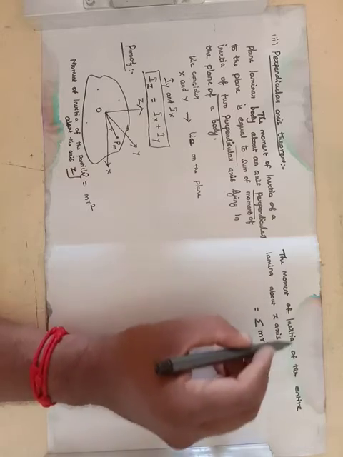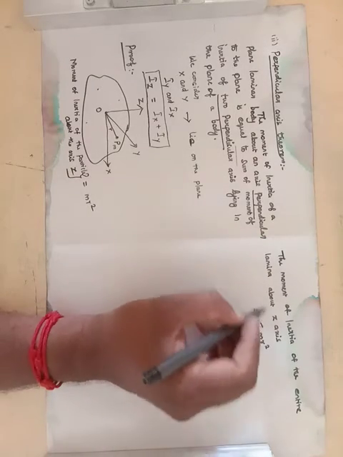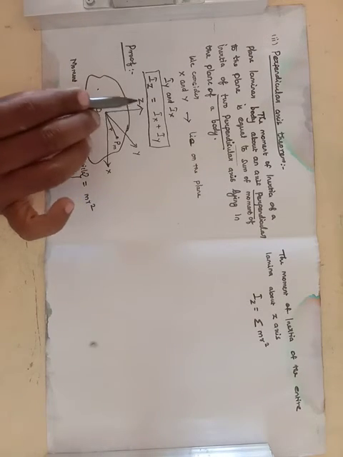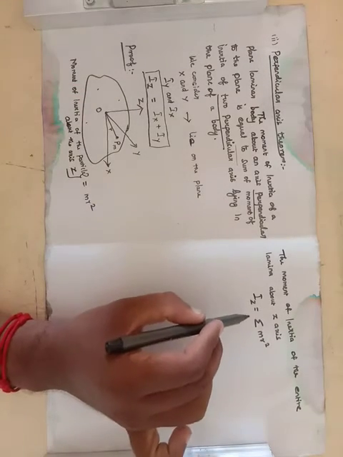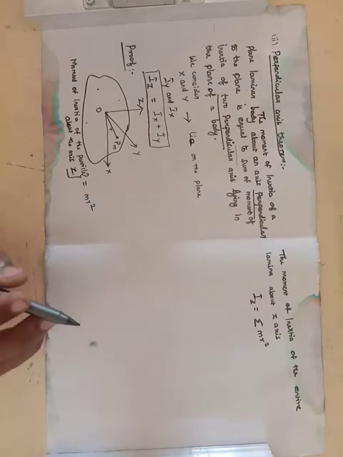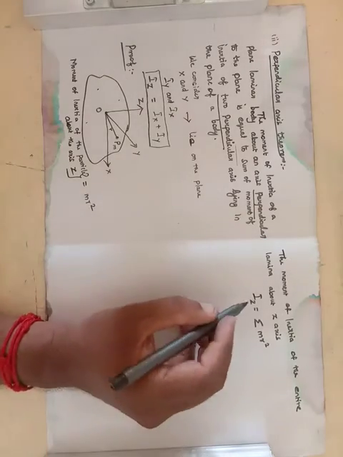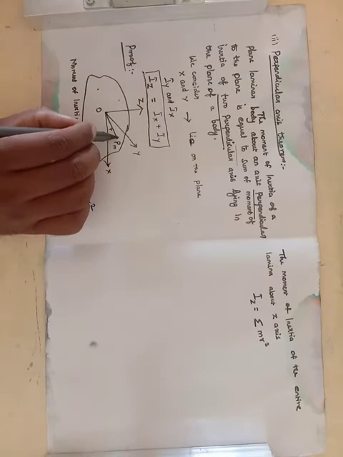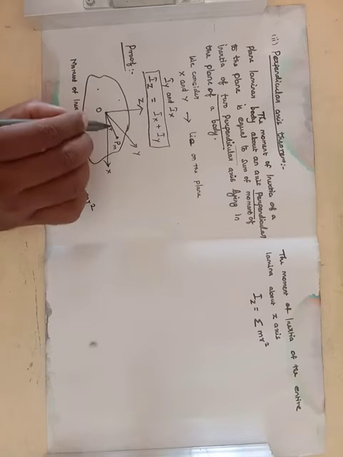Okay, so the total moment of inertia of the entire lamina about the z axis is denoted by the letter Iz, that is the moment of inertia about the z axis. So Iz is equal to summation m r square. According to this point, r is the distance from the origin.